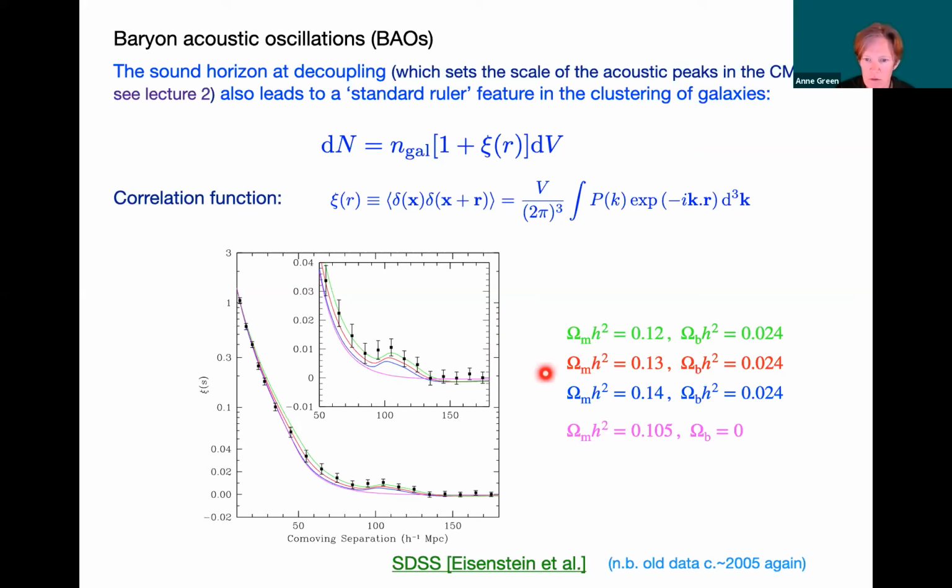The green, blue, and red lines are from the amount of baryons we think there are in the universe from nucleosynthesis, and then varying the matter density. And what you see is you get this bump in the correlation function from these baryon acoustic oscillations. The height of that bump depends on the matter density, hence why this is a useful tool for measuring the matter density. And we'll look at the results from that later.